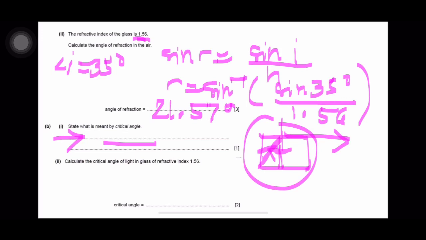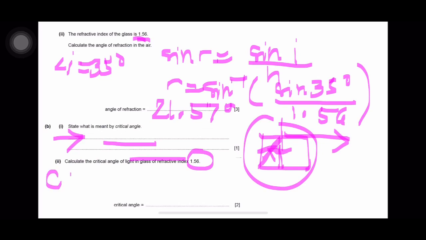So that's it. And now finally we're going to calculate the critical angle. The refractive index is 1.56, and we already know the angle R, which is 21.57. But do we need that? No, actually we don't need it for the critical angle.